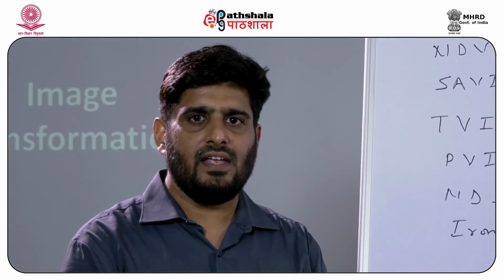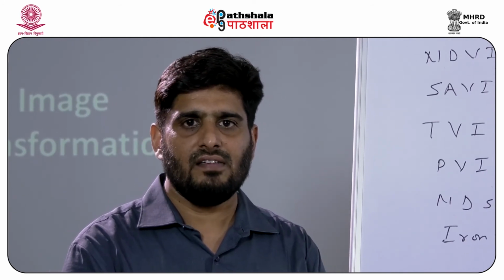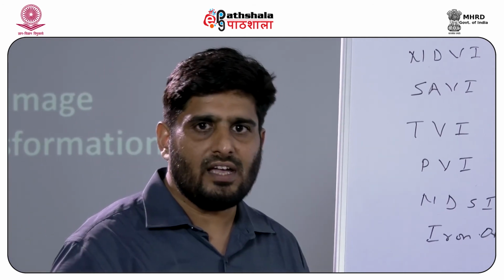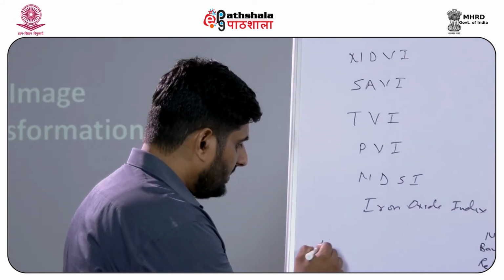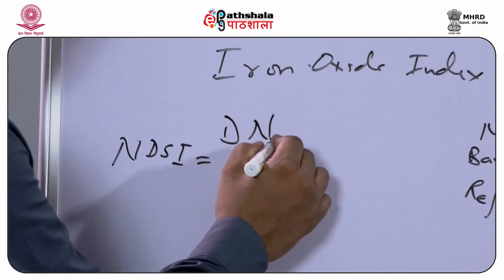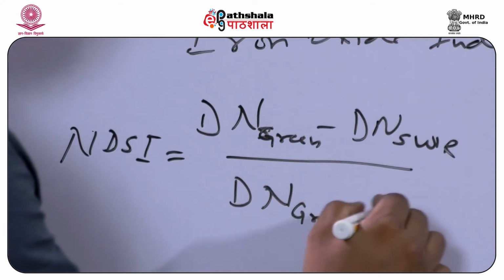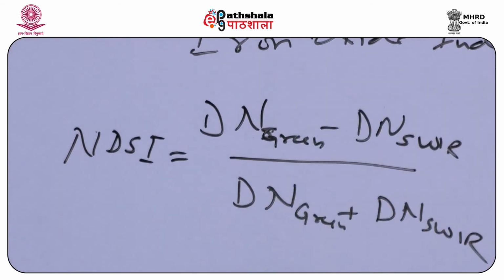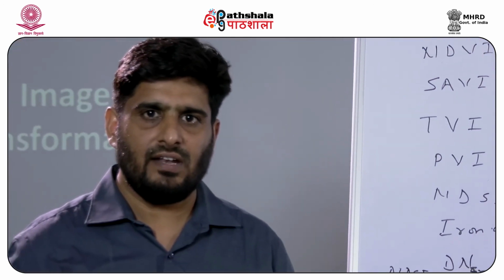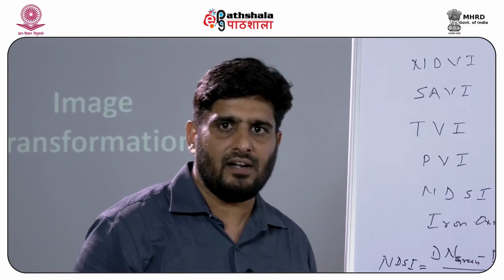So, in case of NDSI, we make use of the short wave infrared band as well as the green band, and we take the difference of these bands, and the formula can be written as NDSI equal to the ratio of the difference and sum of the DN values obtained in the green band as well as in the short wave infrared band.